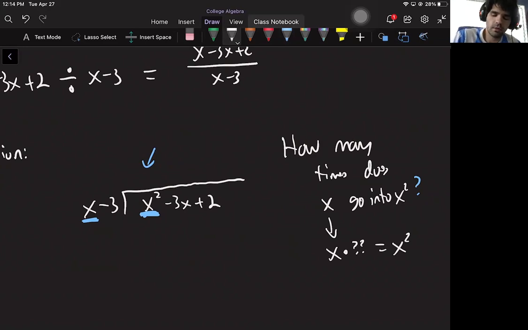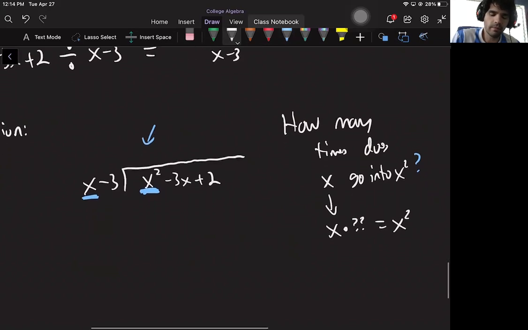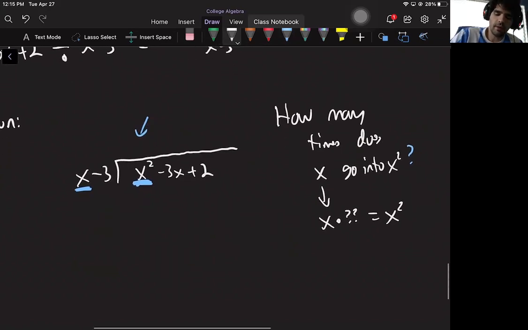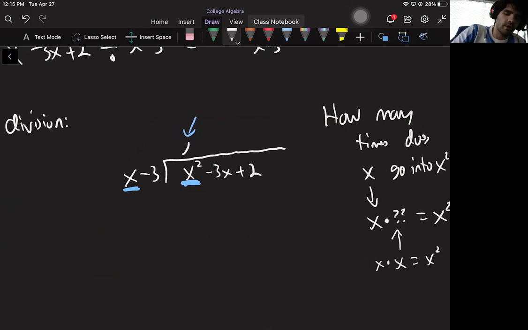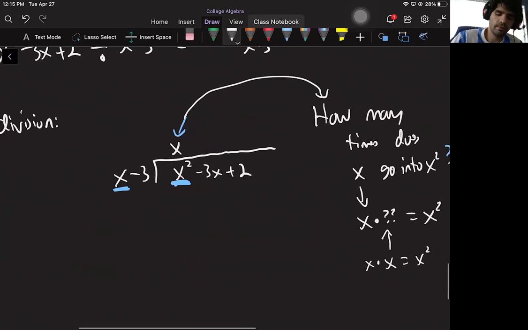When you ask the question, how many times does something go into something, you're asking what do you have to multiply it by to make the other thing? So what do I have to multiply by to get x squared? Well, just another x, because then I get x times x, and that gives me x squared. So x is what I'm going to put here, because that's how many times x goes into x squared.